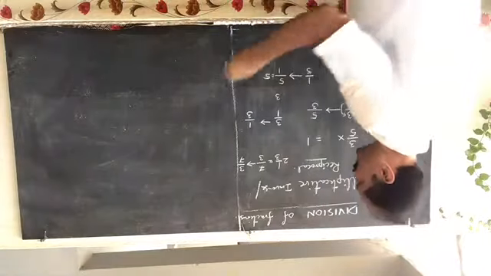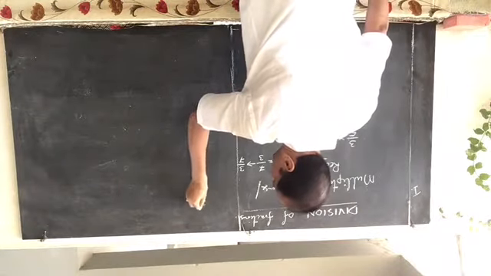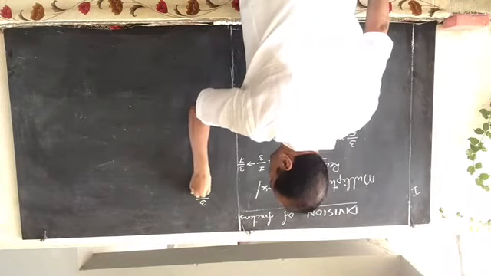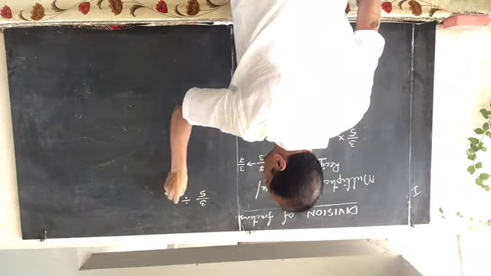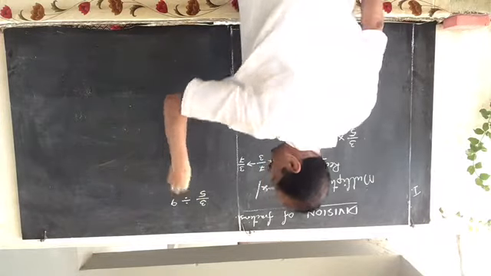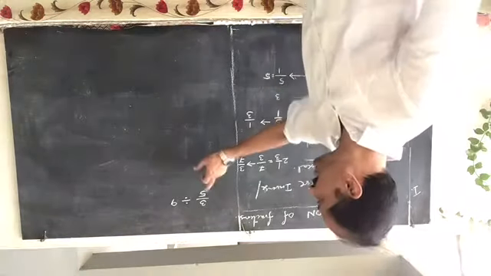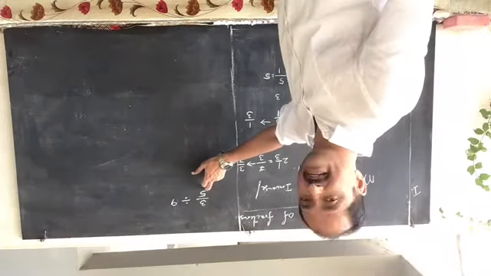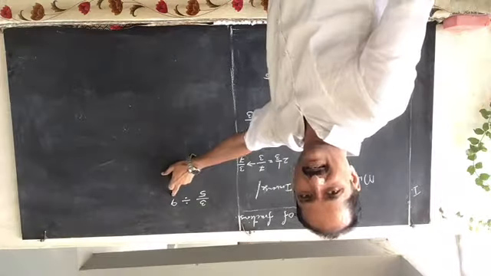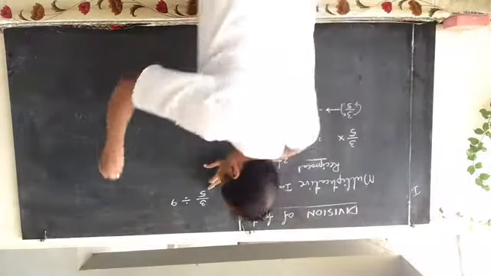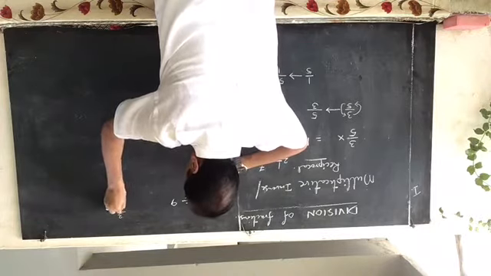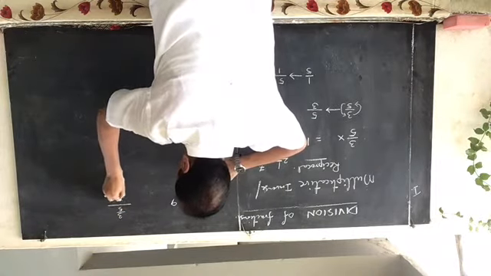For example, if you divide a fraction with a whole number, 3 by 5 divided by 9. Observe carefully here. When we are dividing, we can call this the dividend and this the divisor. Actually, this can be written like this also: 3 by 5 divided by 9.